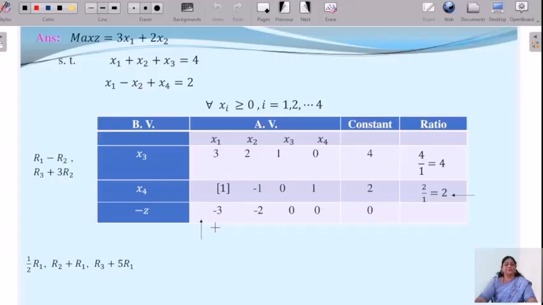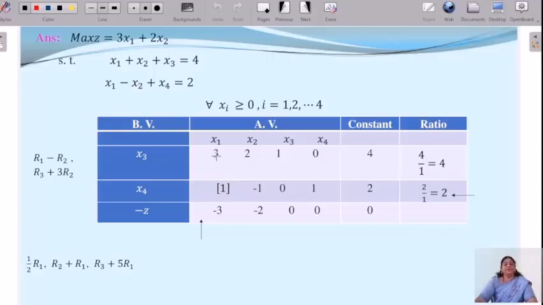First step is minus 3 is the minimum and x1 is the entry variable, and by using the minimum ratio x4 is the exit variable. Make the pivot element a unity, which is already 1. Therefore there is no need to do any operation.